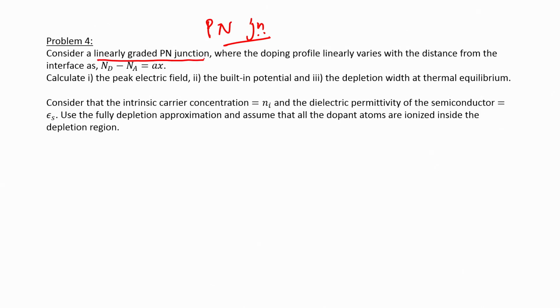Now what is a linearly graded p-n junction? In case of an abrupt p-n junction, we considered that the doping concentration on the p side and n side remains constant, uniform throughout the structure.